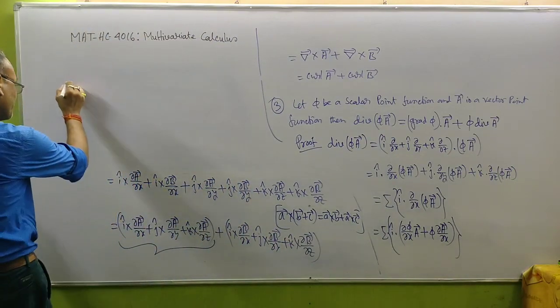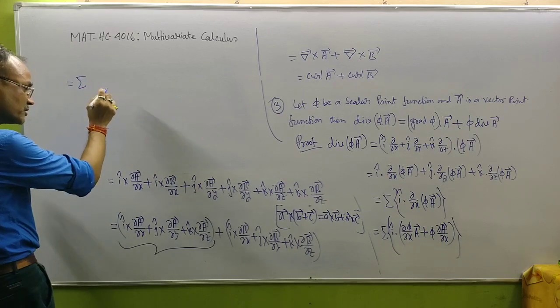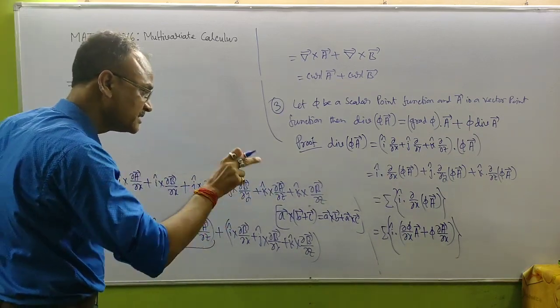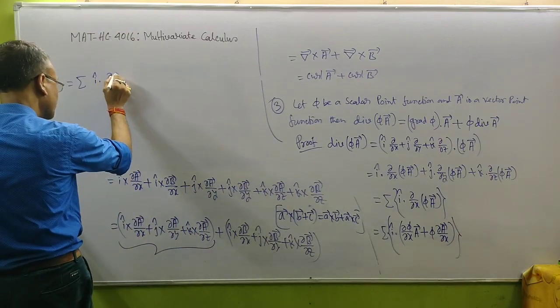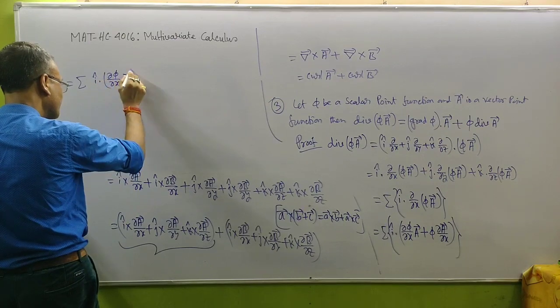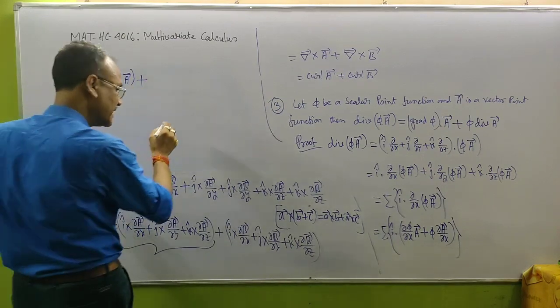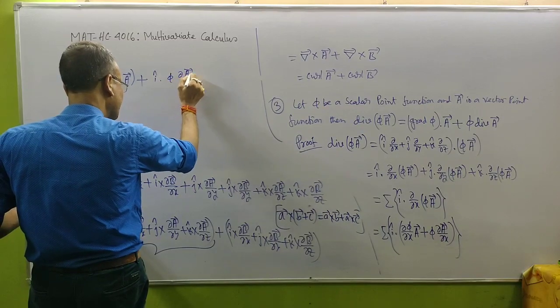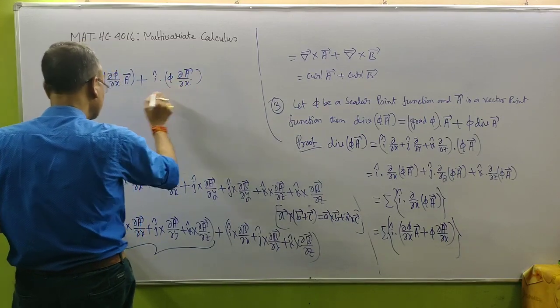This is equal to summation i cap, because dot product is distributive: ∂phi/∂x A vector plus i cap dot phi ∂A vector/∂x.